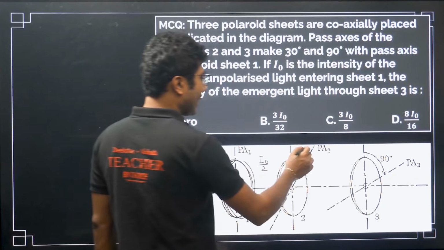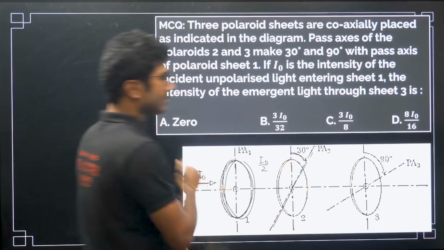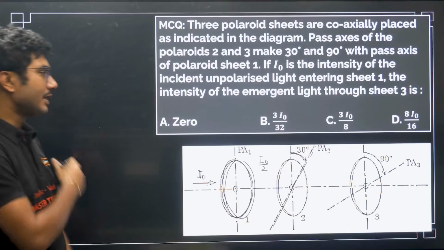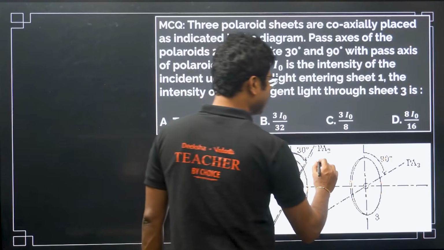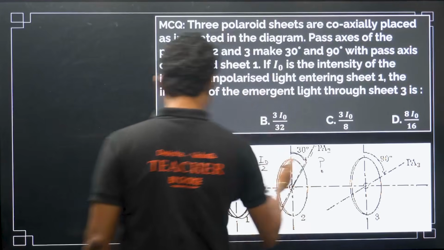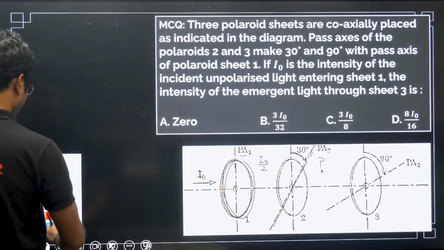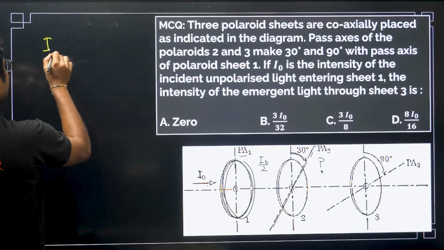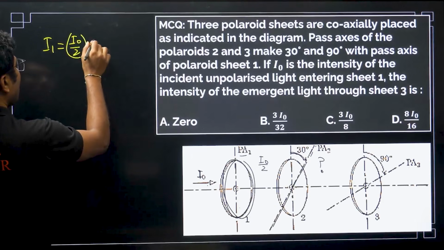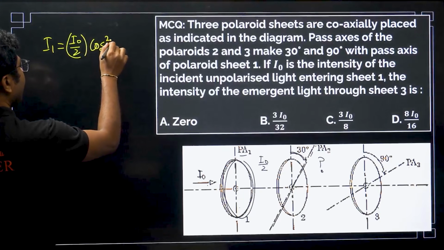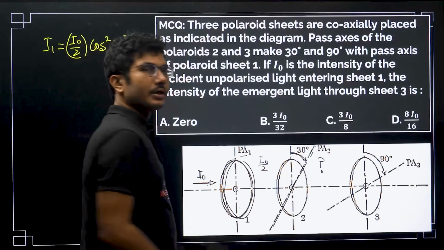Now, the second Polaroid has an angle of 30 degree with respect to the first one. So, what will be the intensity over here? Say I1. I1 will be I naught by 2 cos square 30 degrees.